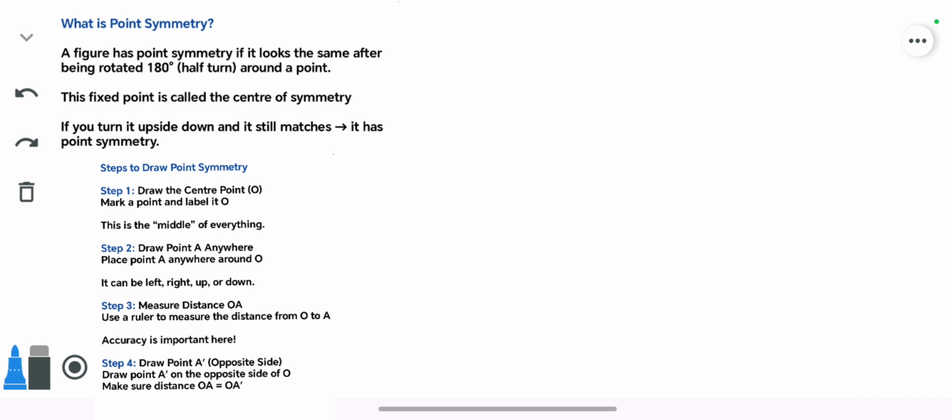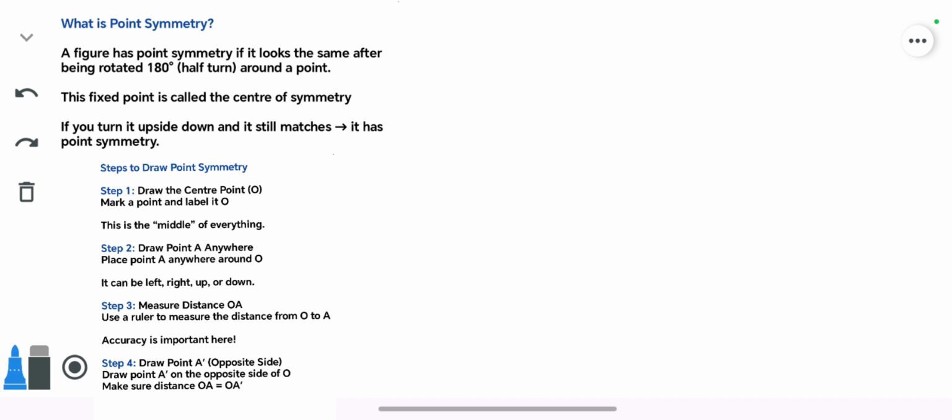We did an example in the introduction of this video, and you have witnessed how I turned the square upside down and it still matches. So again, if you turn a shape upside down and it still matches, it has point symmetry.